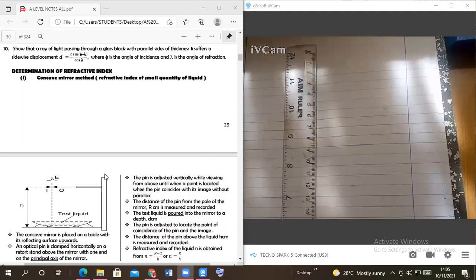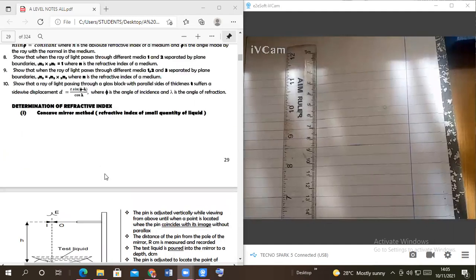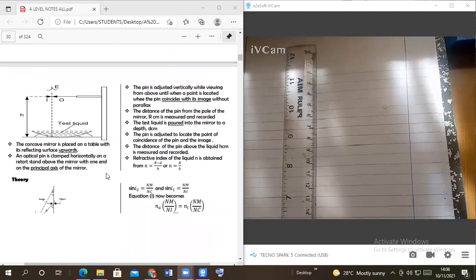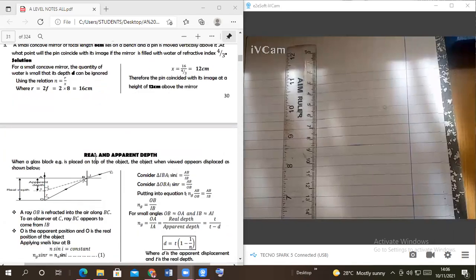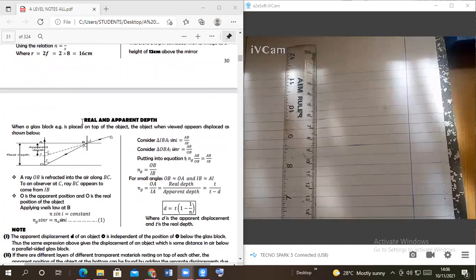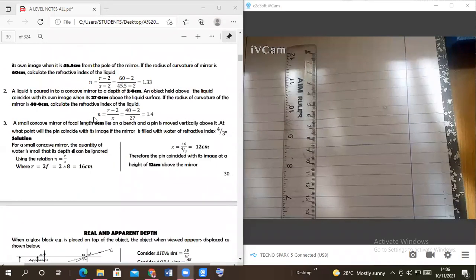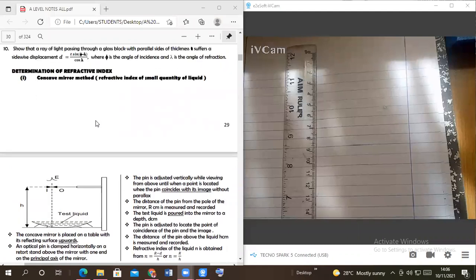All right, so today we are supposed to look at the refractive index, but not the one we looked at last time; we look at real and apparent depth. Previously, we were finding the refractive index of a liquid using a concave mirror.